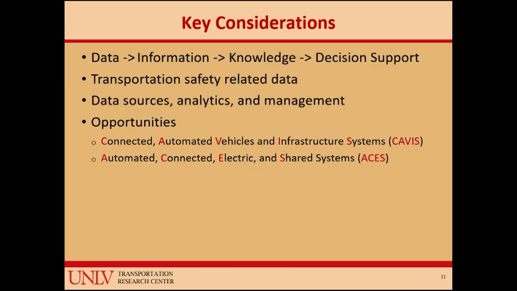Sometimes it's the road health that we want, especially where you have snow or ice conditions or high wind conditions, to get information about the health of the infrastructure. Other sensors may tell you whether the bridge has cracks, and so on. But here we are not looking at bridge design, but at safety from a road user perspective. The other one I say is ACES, automated connected electric and shared systems.